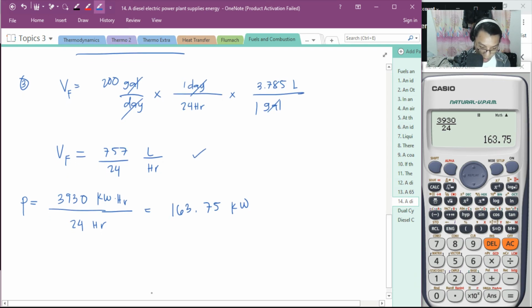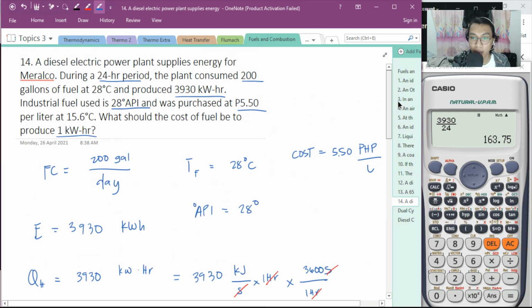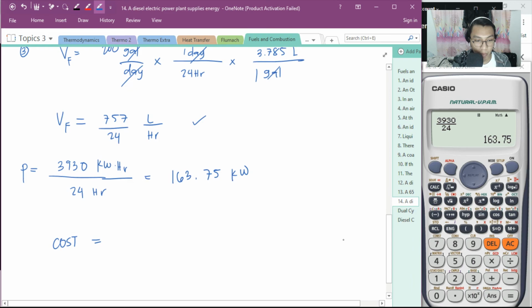Okay, kunin mo yung cost equal to yung binigay sa'yo na cost per liter, 5.50 pesos per liter times yung consumption niya, volume consumption, which is 757 divided by 24 liter per hour.